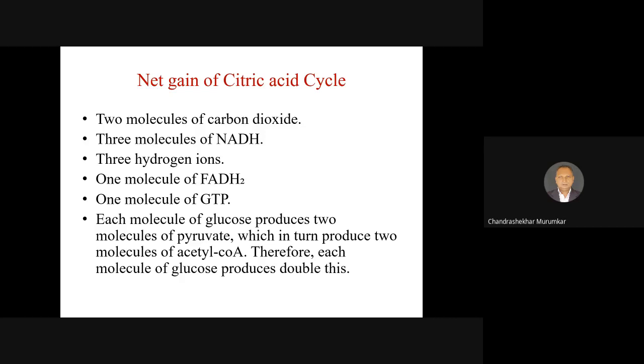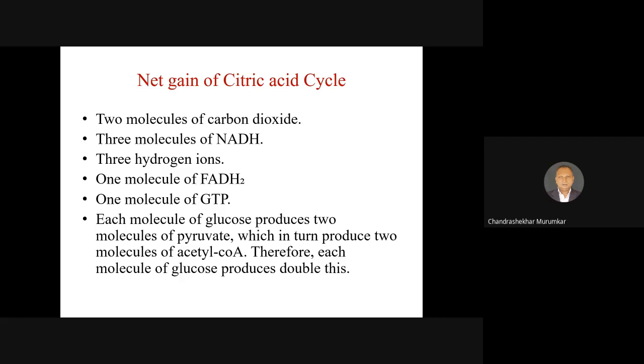One is from isocitrate to alpha ketoglutarate, from alpha ketoglutarate to succinyl-CoA, and lastly from malate to oxaloacetate. And there is one component from succinate to fumarate, where we are going to get the FADH2. So obviously we are going to give the 3 hydrogen ions which are taken out.